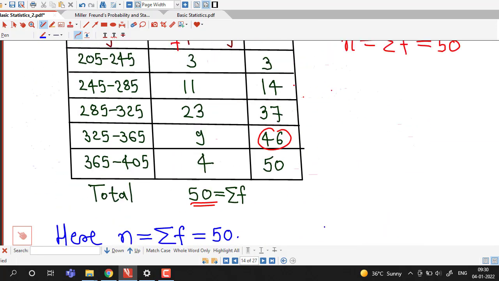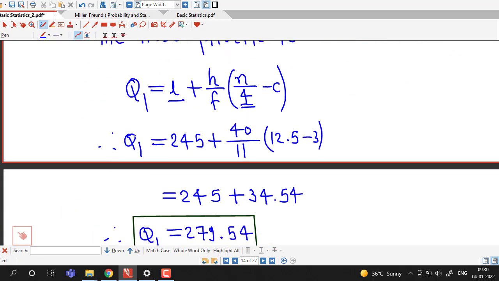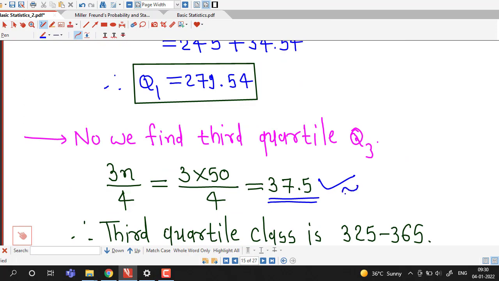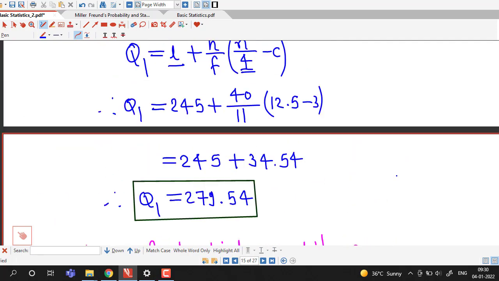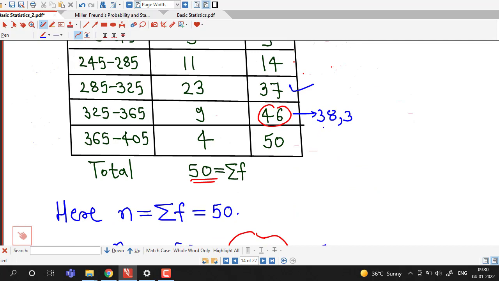So 37.5 will be after 37. So here position number 38 or after 37. If we round off this 37.5, then it is approximately equal to 38. So positions 38, 39 up to 46 will belong in this class.